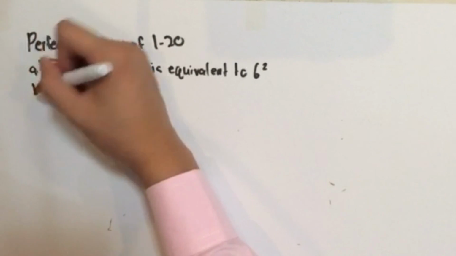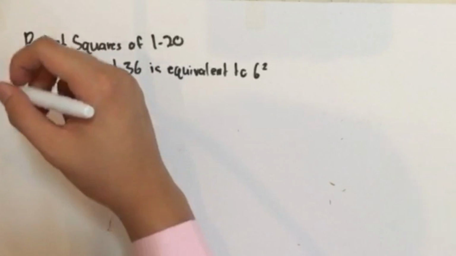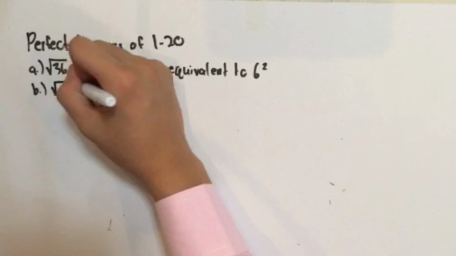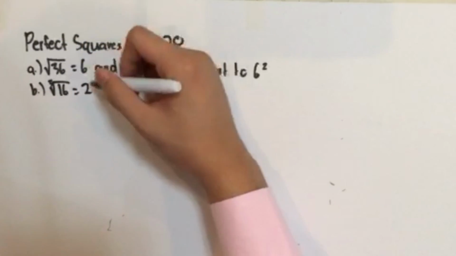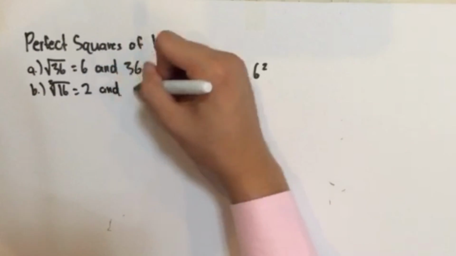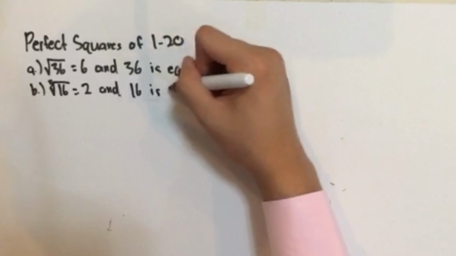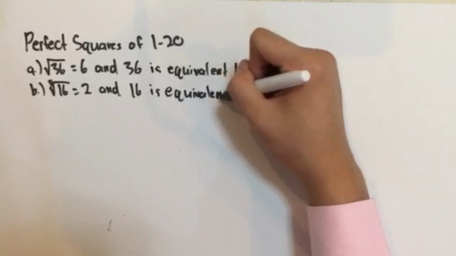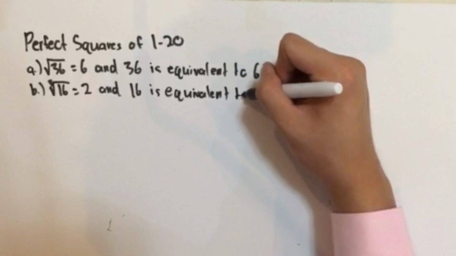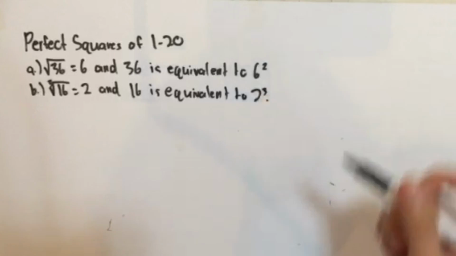Another example is cube root of 16 is equal to 2, and 16 is equivalent to 2 cubed.